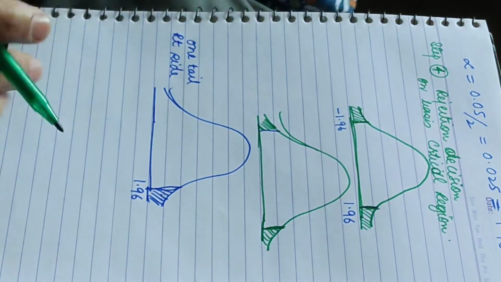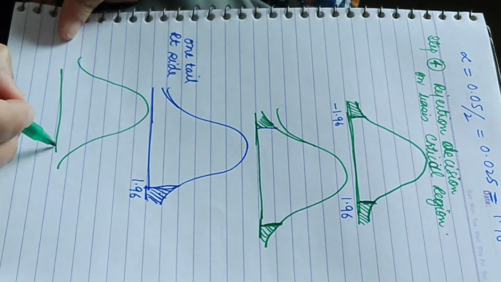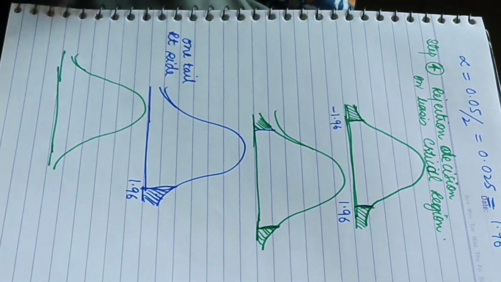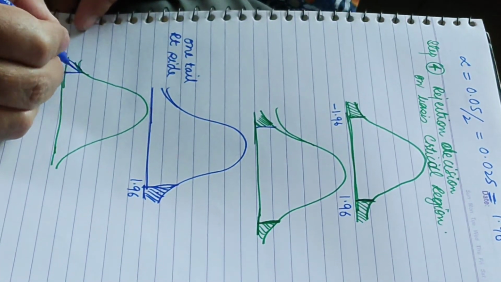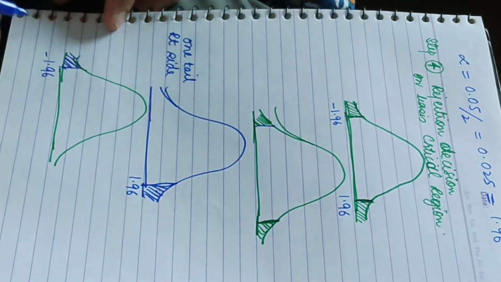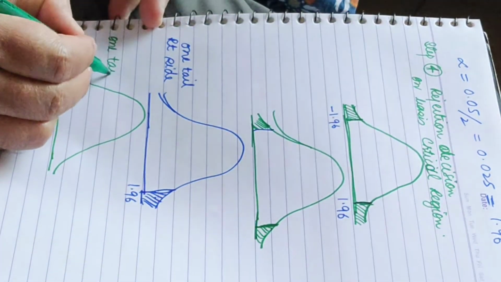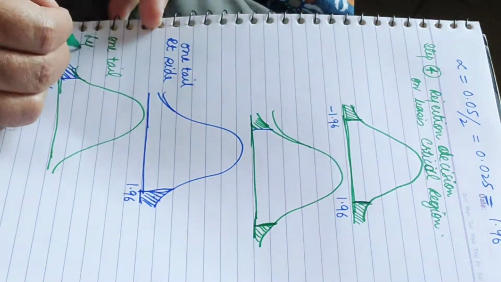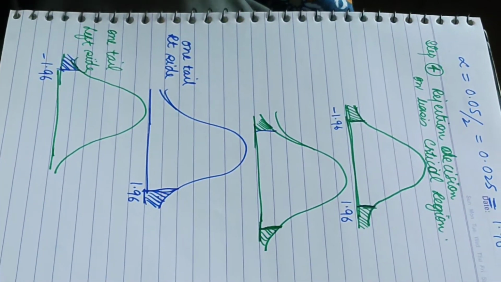If your alternate hypothesis mentions less than, lower or less, it will be minus 1.96. It's again one-tail, but on the left side.